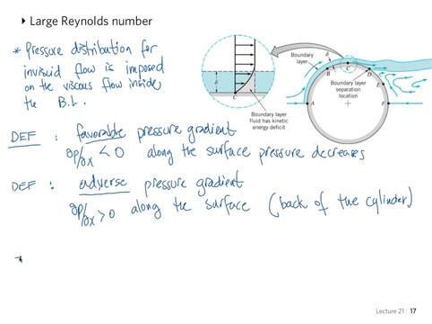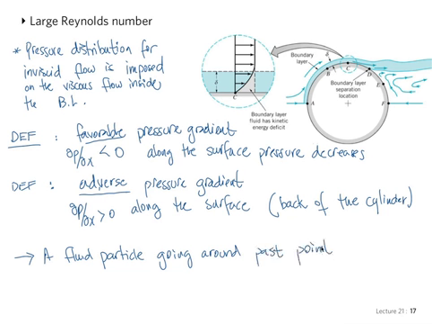So a fluid particle going around, say, past point C in the very top, is flowing against an adverse pressure gradient.